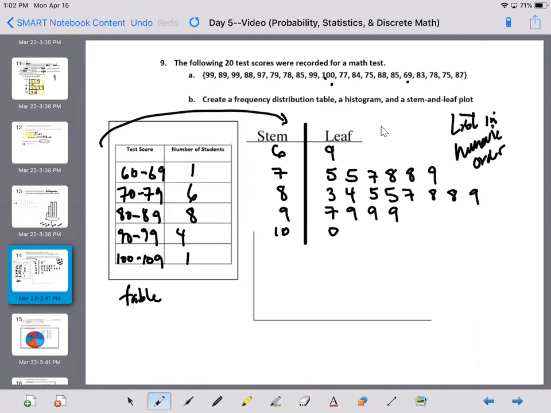So along here, I'm just going to label this the number of students. These would be test scores. And I'm going to kind of break the graph a little bit and show that from here to here would represent 60 to 69, 70 to 79, 80 to 89, 90 to 99, and 100 to 109.